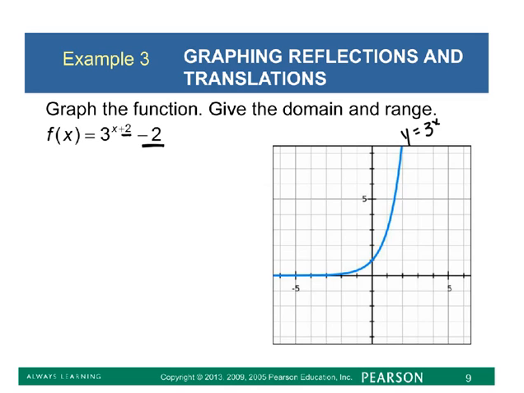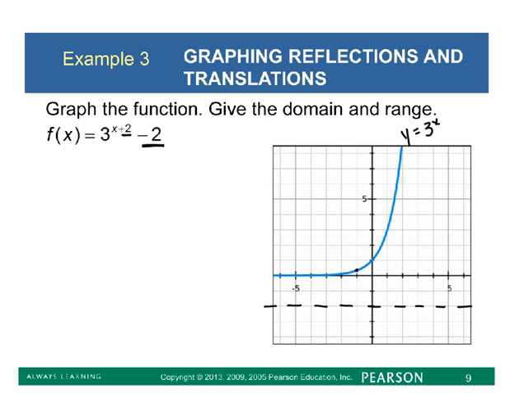So our vertical translation causes our horizontal asymptote to go to this line right here, -2, instead of our x-axis at 0, because we're moving everything down 2 units. And then I'm going to plot the points that are here.